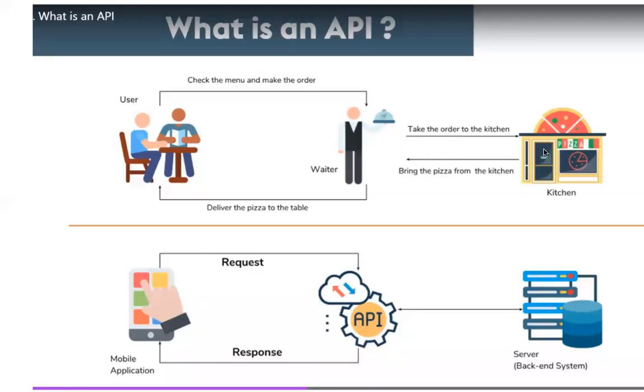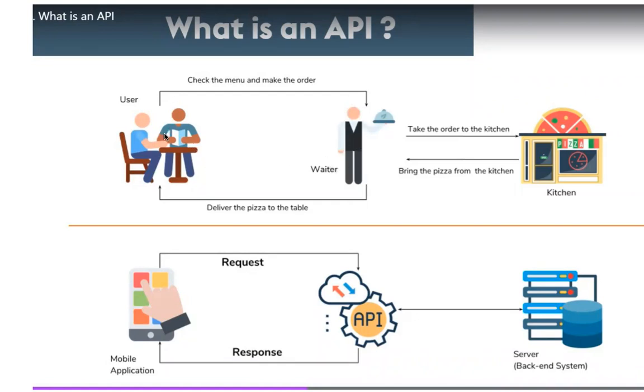The waiter takes the same response and passes it to the user. So in this scenario, the waiter acts like an API. He is like a mediator between client and server. In our case also, API behaves like a mediator.